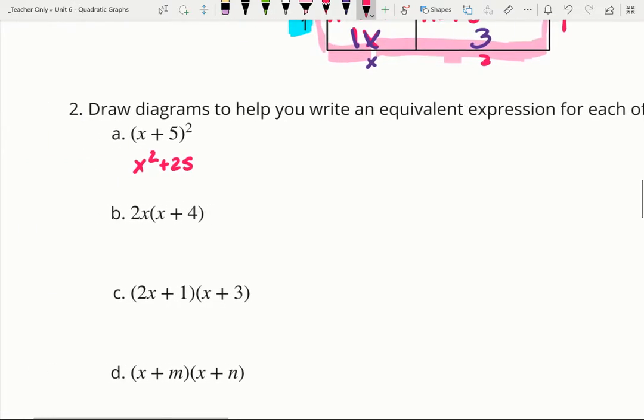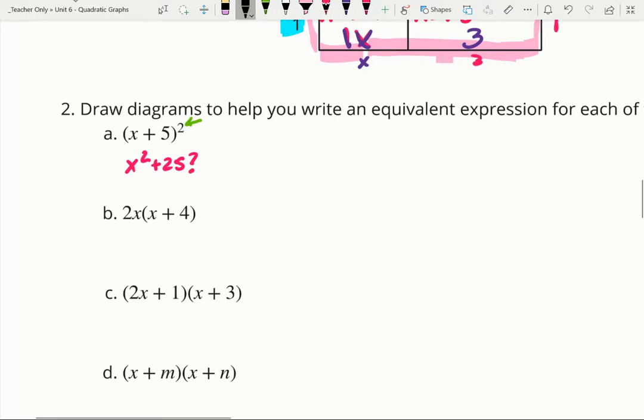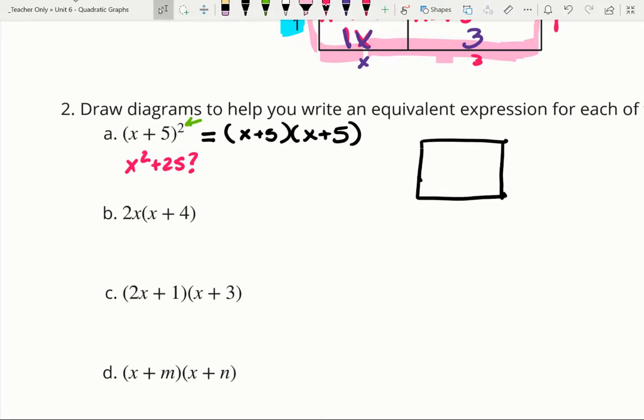Like that's easy. But I think we should still verify this. If we think about what it means to square something, to square something means to multiply it by itself. So we're multiplying x plus 5 times x plus 5. And so you're going to use that same strategy that we used up above, x plus 5 times x plus 5.